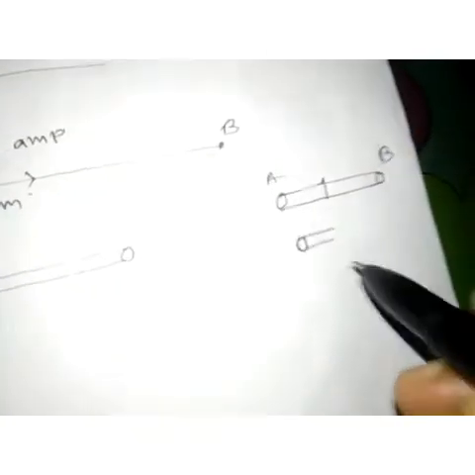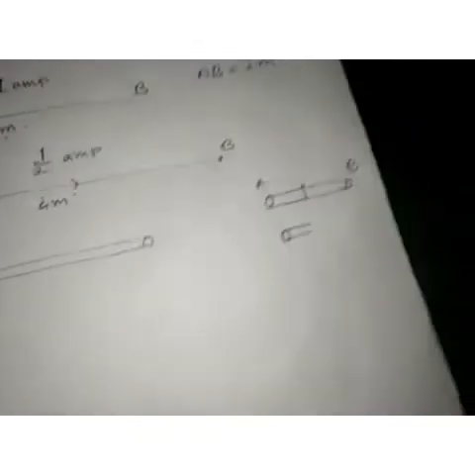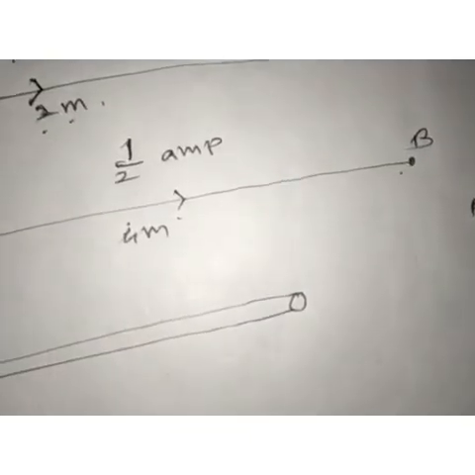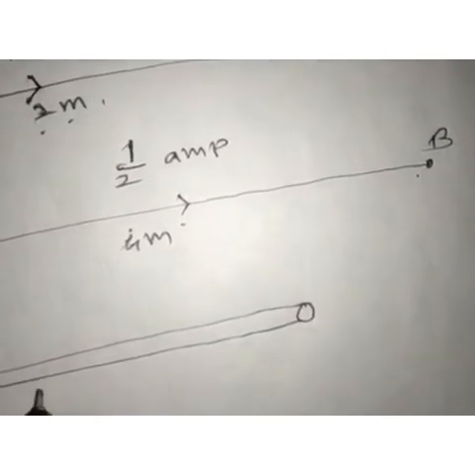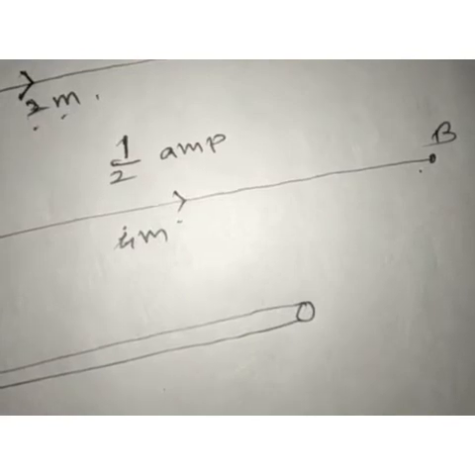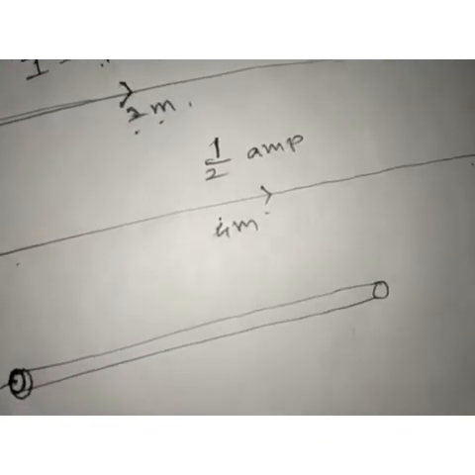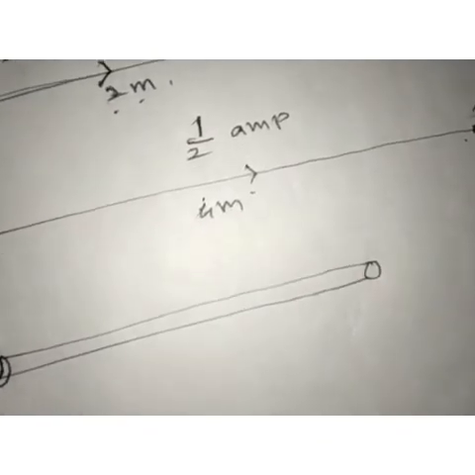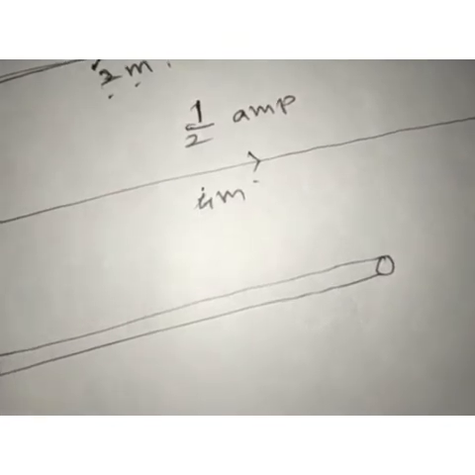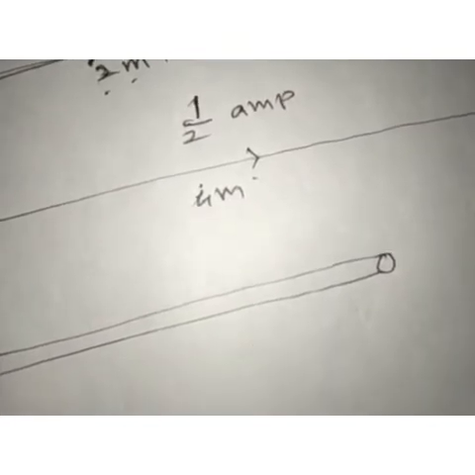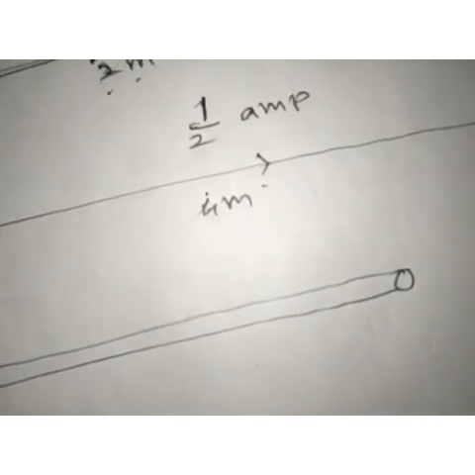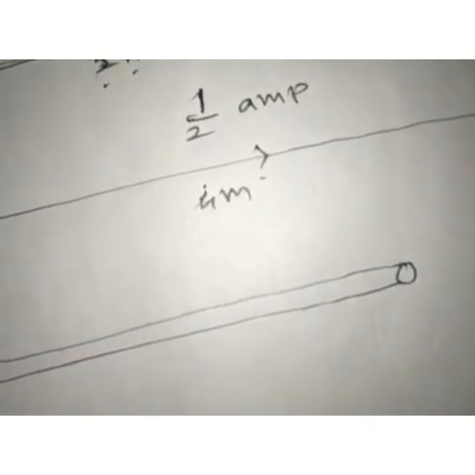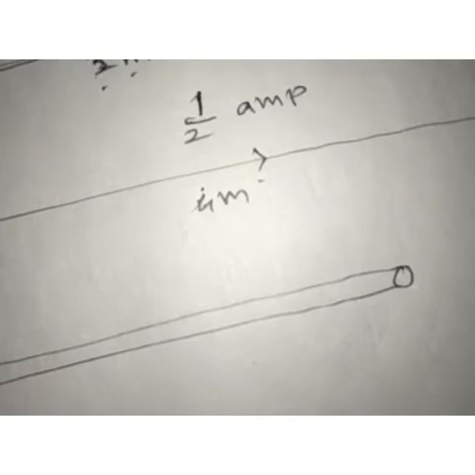So look here, suppose the radius is 0.5 centimeter. Okay, the area of cross section here, radius is how much? 0.5 centimeter.